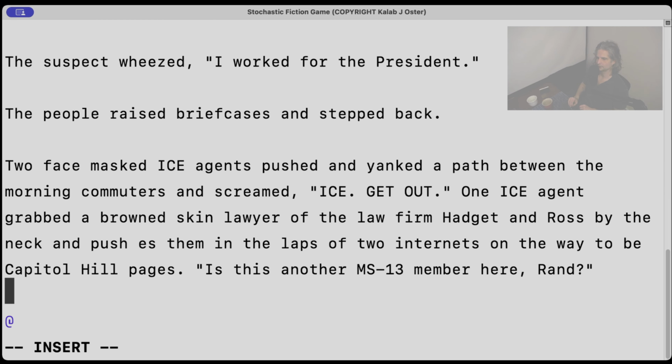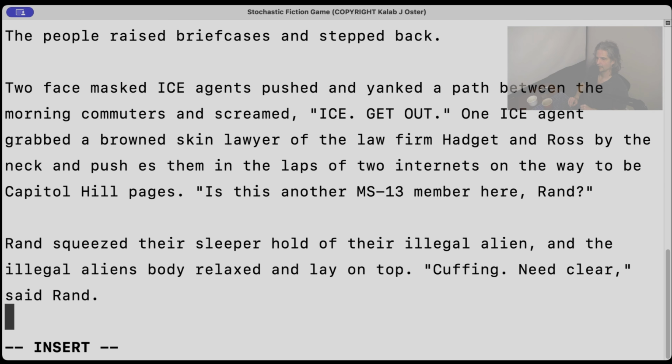One ICE agent grabbed a brown-skinned lawyer of the law firm Hadget and Ross by the neck and pushed them into the laps of 2 interns on the way to be Capitol Hill pages. "Is this another MS-13 member here, Rand?" Rand squeezed the sleeper hold around the illegal alien, and the illegal alien's body relaxed and lay on top.